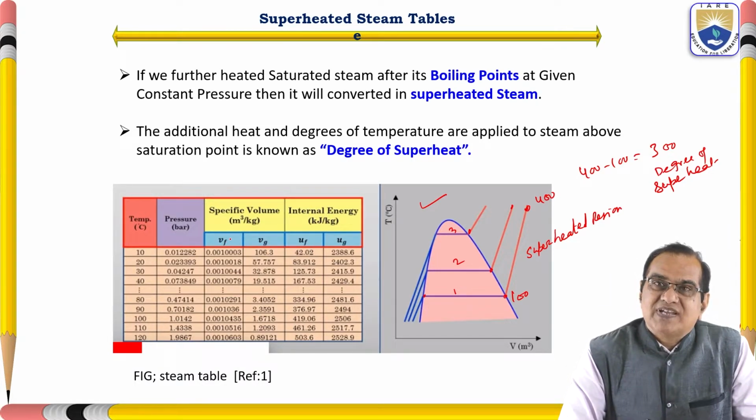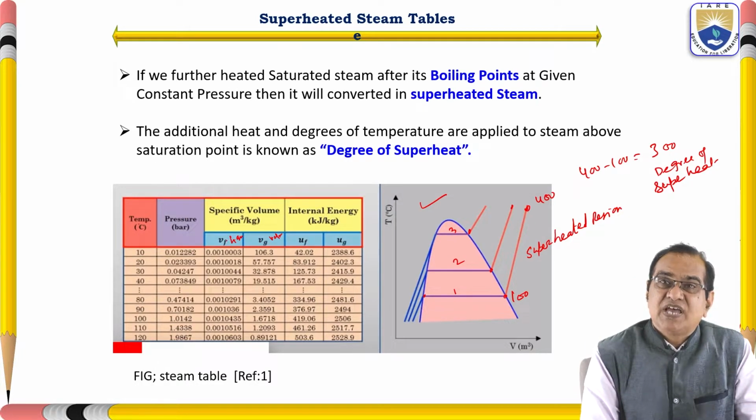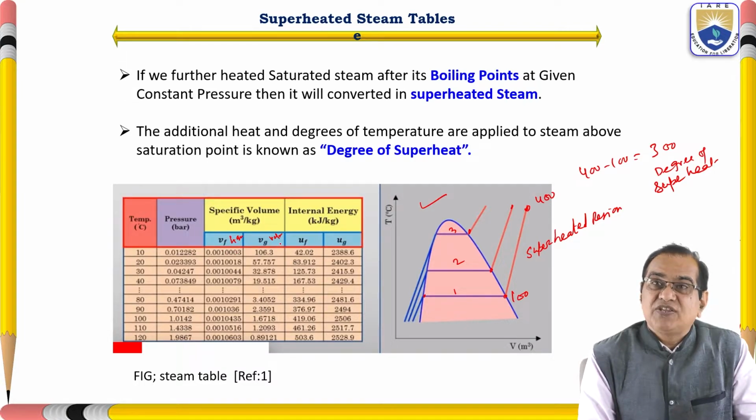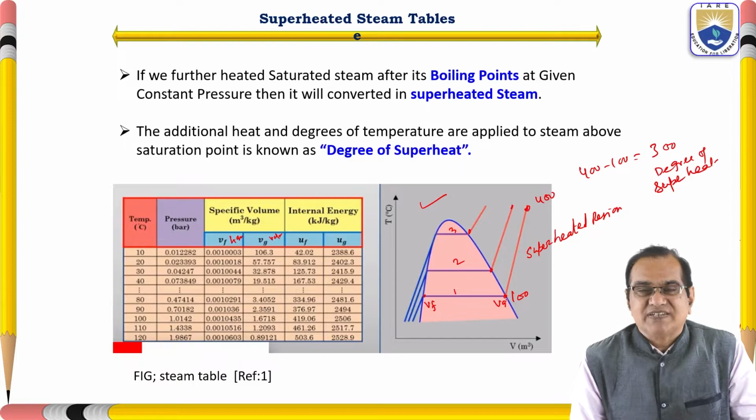Vf is for liquid and Vg is for vapor. At 10 degrees centigrade, the pressure is this, you have Vf equal to this and Vg equal to this. This is Vf, and at this point is Vg.